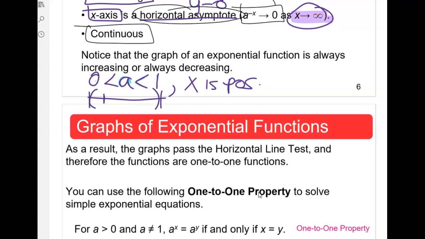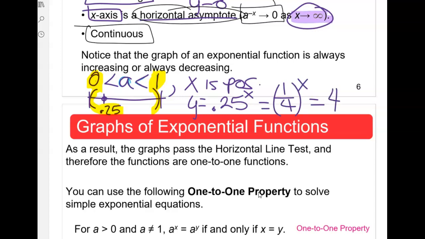Let's say you had 1/4 or 0.25. 0.25 is inside that interval between 0 and 1. And so if we were to graph 0.25 to the power x, that will be the same as 1/4 to the power x. And that will actually be the same thing as 4 to the power negative x.